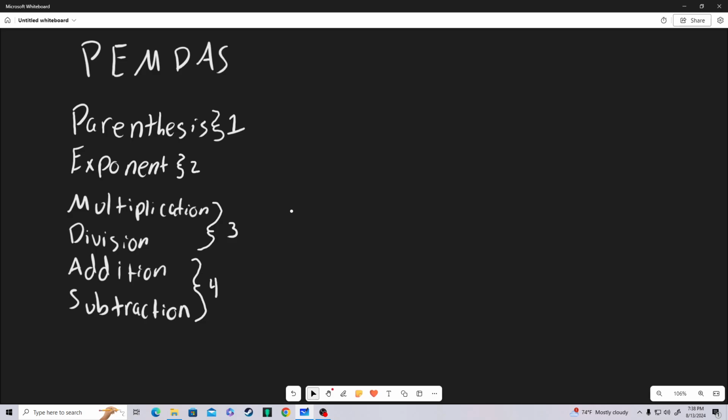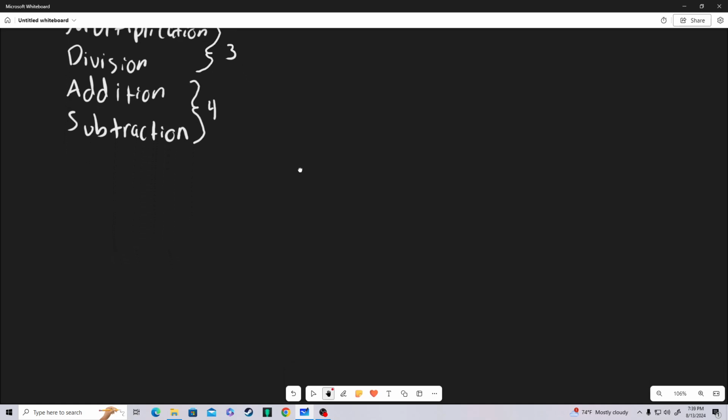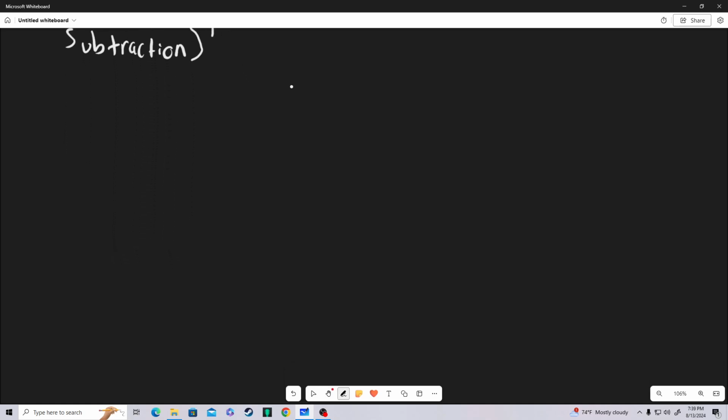Okay, so now I'll go a little bit more into each one of these steps because there are some important things to note throughout. So if we start out with parentheses, it's really, really simple. If you ever see a set of parentheses around some numbers, that's the first thing you're going to take care of, what's inside those parentheses.